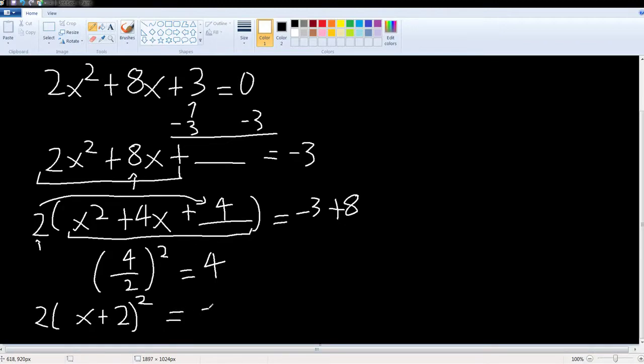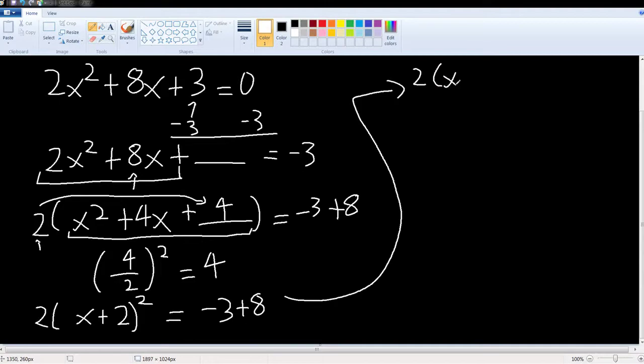And this is equal to minus 3 plus 8. So now we just need to simplify the right side. So we are left with 2 times x plus 2 squared is equal to 5.